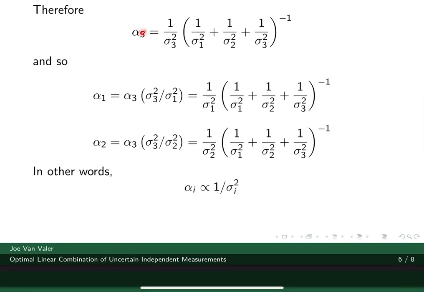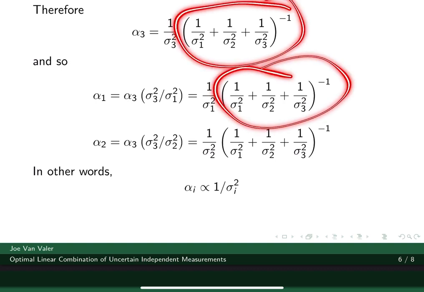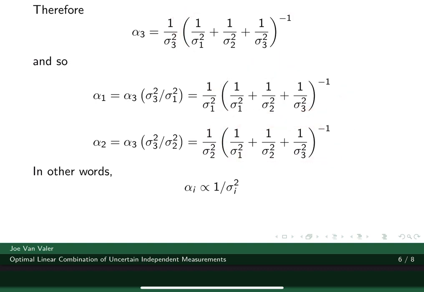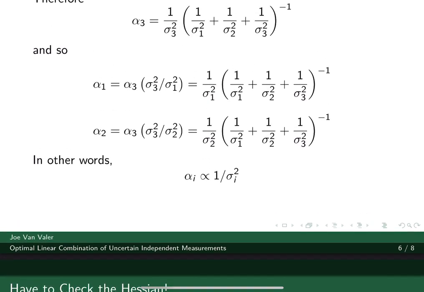We see that each alpha i is proportional to 1 over sigma i squared. But then there's this normalization term, which is actually called the harmonic mean, that allows these things to sum to 1. The harmonic mean specifically of the variances.